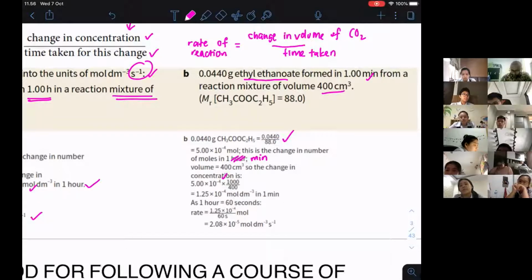If you don't understand, you just multiply by 0.4 dm cube. So the concentration is going to be divided by 0.4. This one is 5 times 10 to the negative 4 divided by 0.4. Whatever it is, you get this in 1 minute.